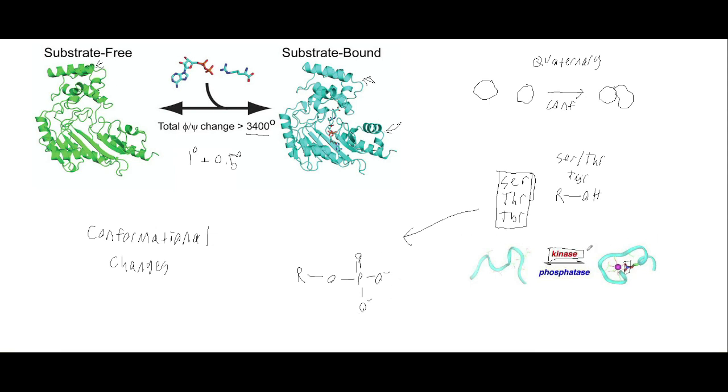And so adding a phosphate can cause various different conformational changes on our protein. And this is a heavily utilized way of changing the function of a protein, because the function of the protein is based on its structure.